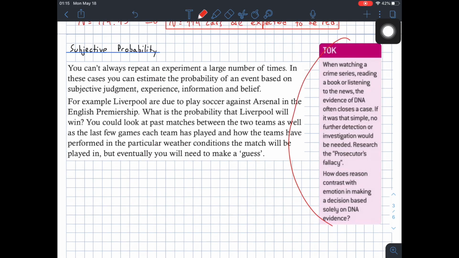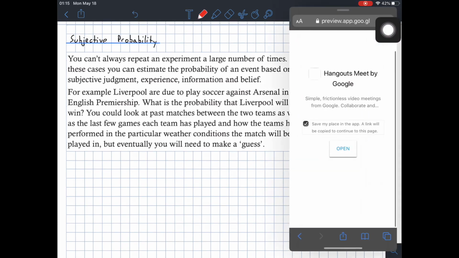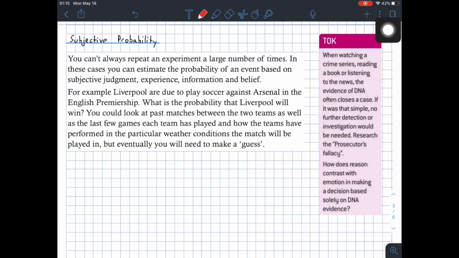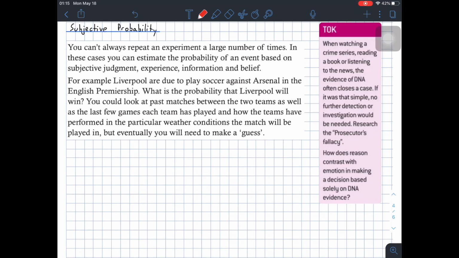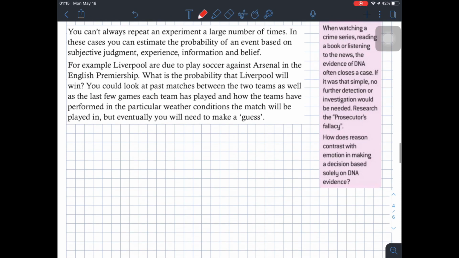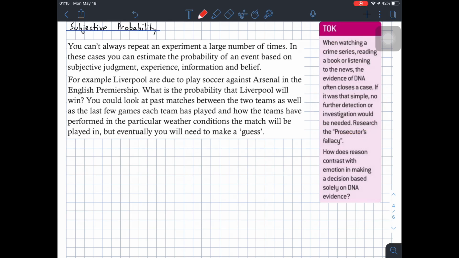Finally, I want to end this class by analyzing this TOK question for you, and I'm going to leave this for you to think about. It says, when watching a crime series, reading a book, or listening to the news, the evidence of DNA often closes a case. If it was that simple, no further detection or investigation would be needed. Research the prosecutor's fallacy. You can investigate about what this is about, and you will understand this situation better.